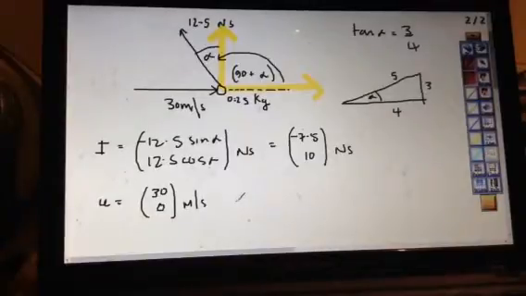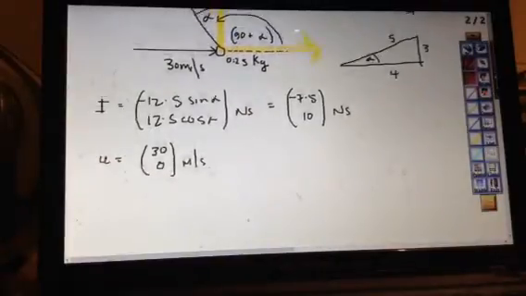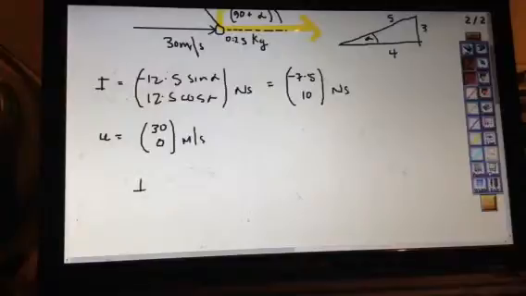And then we're just going to use the normal format for impulse, which is equal to mv minus mu. Well, because the mass is the same, I'm just going to do v minus u, and this is all direction important. So you've already got it in vector format, so we haven't got to worry about the directions now.